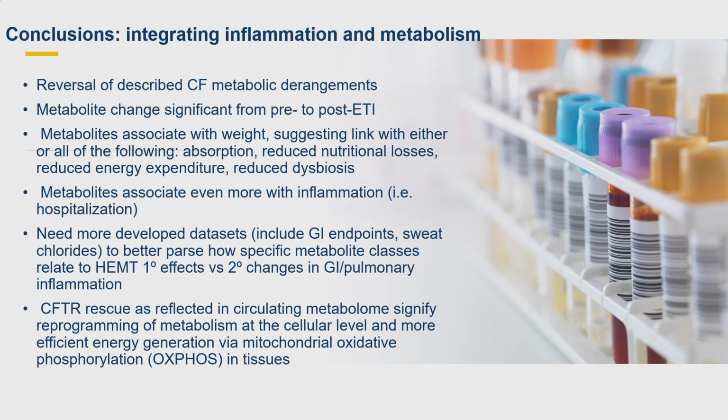There is more oxidative phosphorylation in the tissues, and that leads to multiple outcomes, but it doesn't happen in every patient. And so this may be an important thing to track in the future.